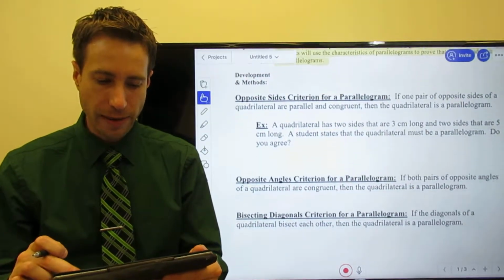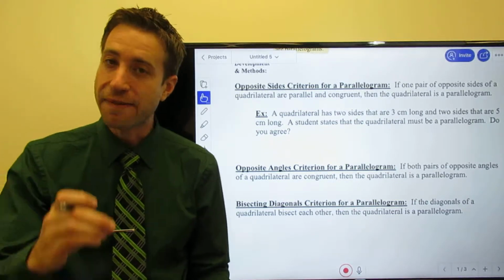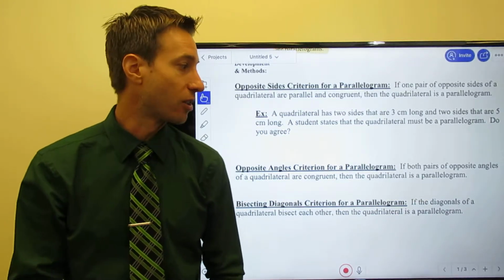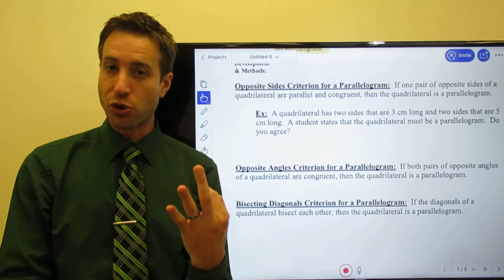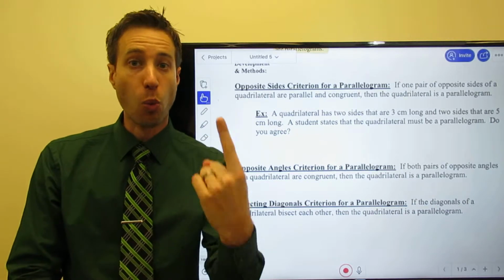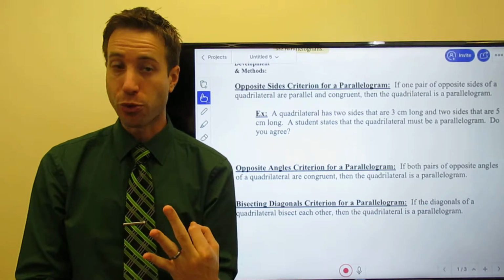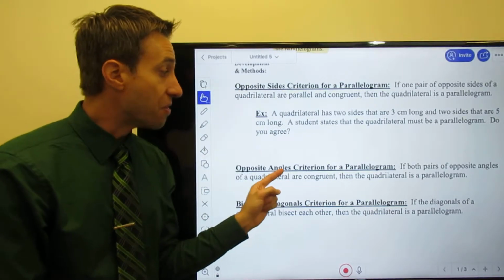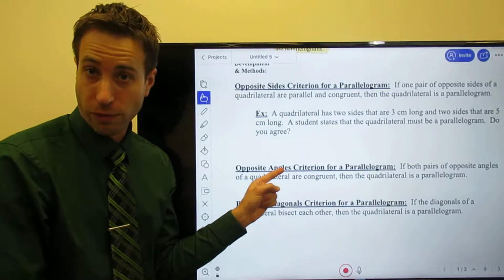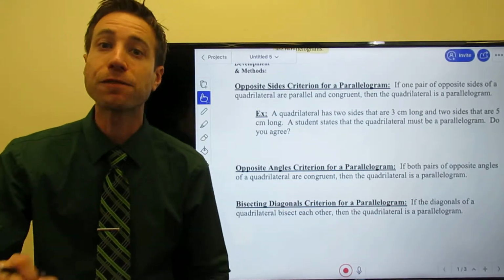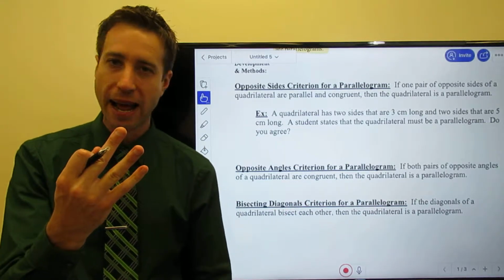The criteria for determining if a quadrilateral is in fact a parallelogram. There are three different criteria, and you only have to show one of the three. Either this one has to be true, or this one, or this one. You do not have to prove all three.